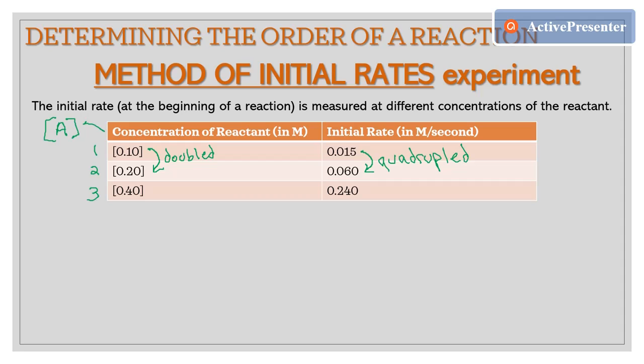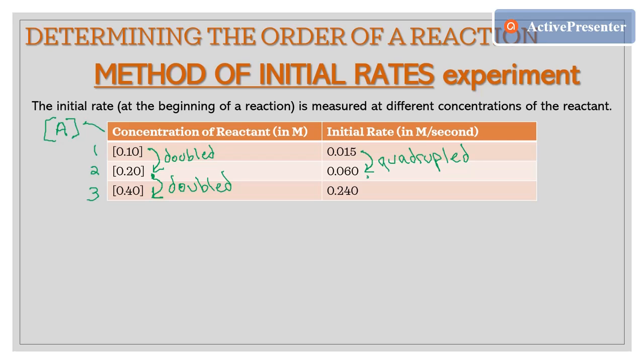And let's look down here to make sure that we're doing this right. Let's do another one. We'll start with experiment 2, and the concentration is 0.20, and then we went to experiment 3 to the concentration of 0.40. So that is doubled also. And let's look over here.